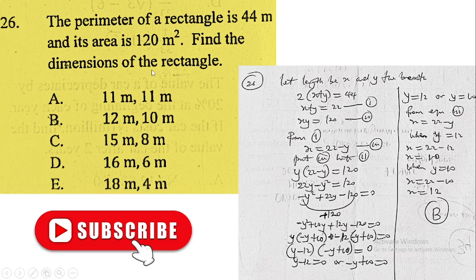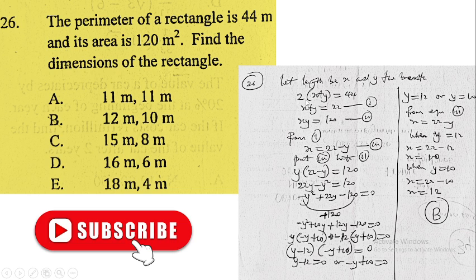To find the dimensions of the rectangle, how do we do that? We know that the perimeter of a rectangle is 2 into length plus breadth, and the area is length times breadth.